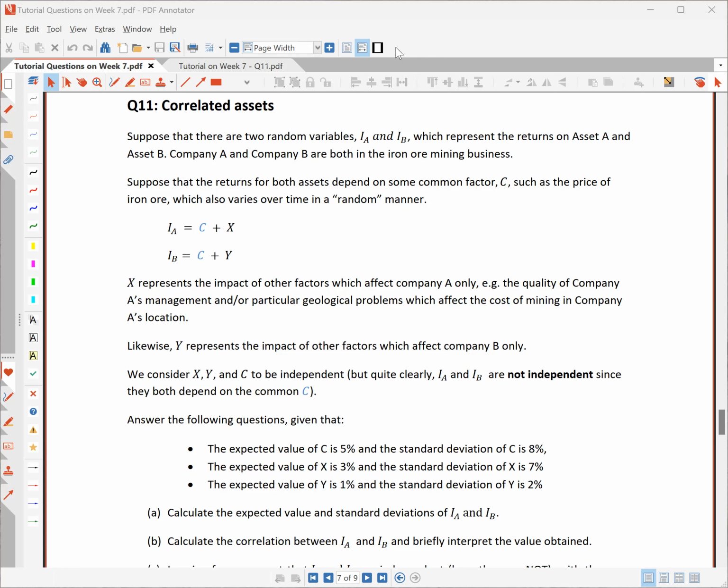We're given some information about the means and standard deviations of C, X, and Y, and then we're asked to answer some questions.